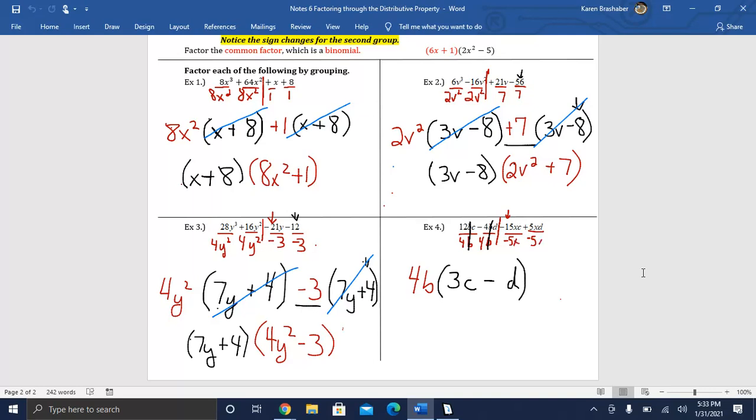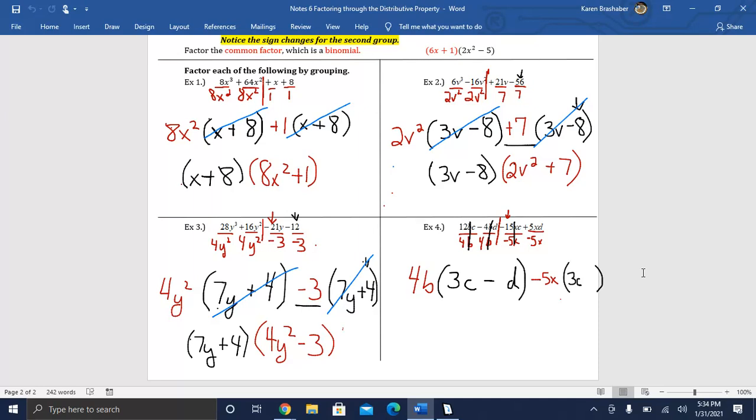So my common factor is negative 5x. I already know what my parentheses should be, but we can make sure. So negative 15 divided by negative 5 is a positive 3. The x's cancel, and I still have a c.